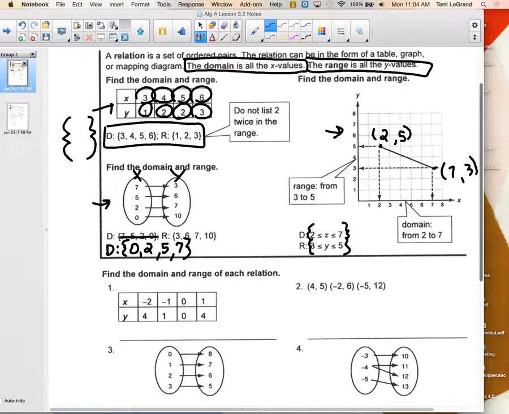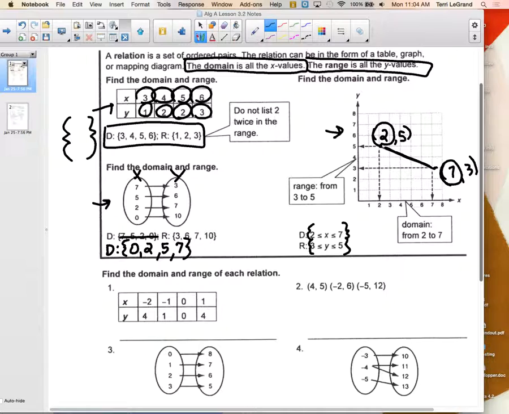Notice what they said, the domain. Remember, it's made up of x's, so x is our variable in the middle of our compound inequality. The domain has to be between 2 and 7 because that's our smallest x value, and 7 is our largest x value. Every other point on that line has an x value somewhere between those two. So they included the equal to bar so that we would have the endpoints also.